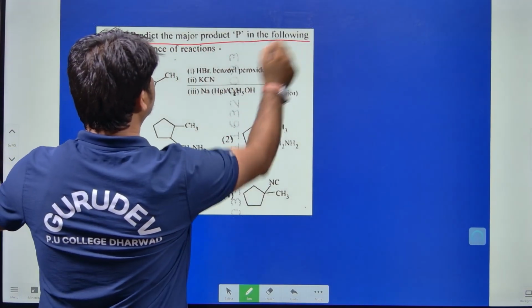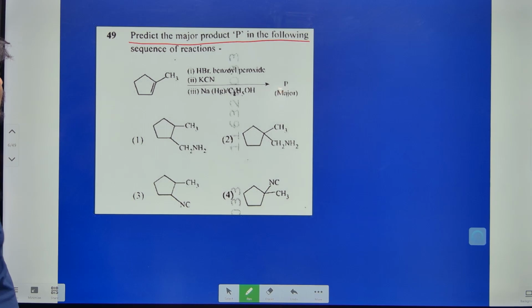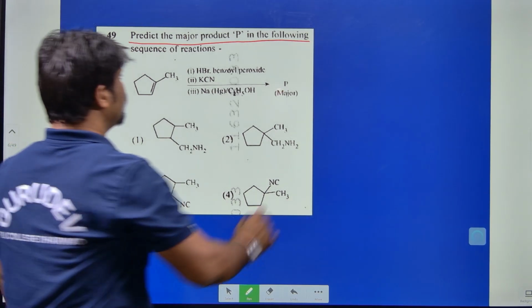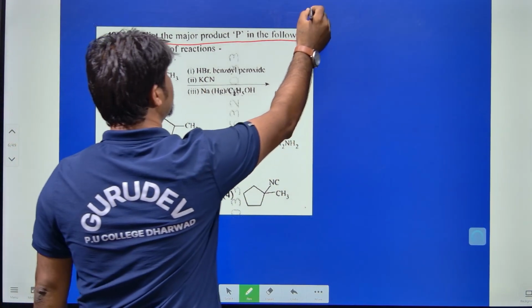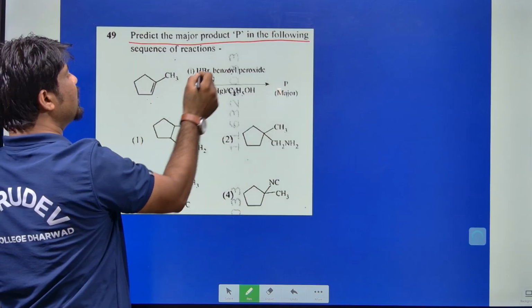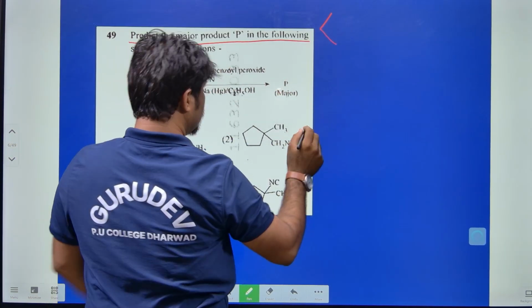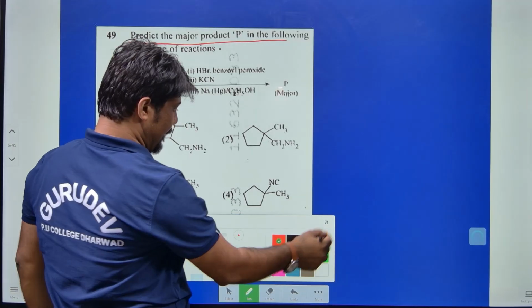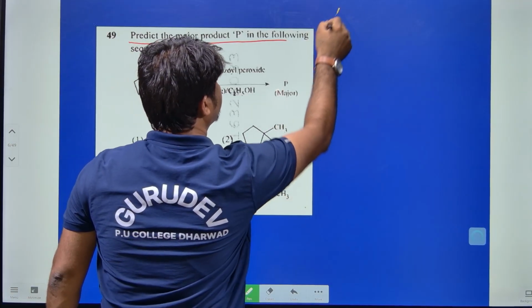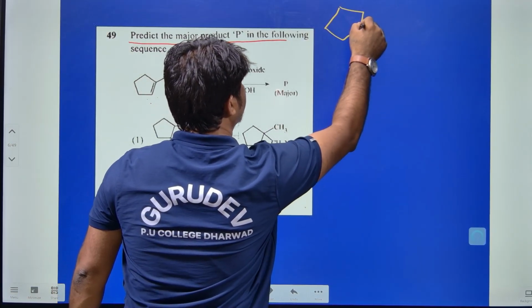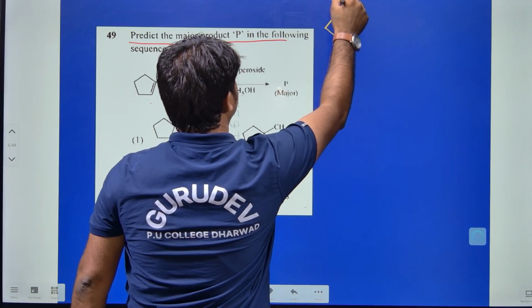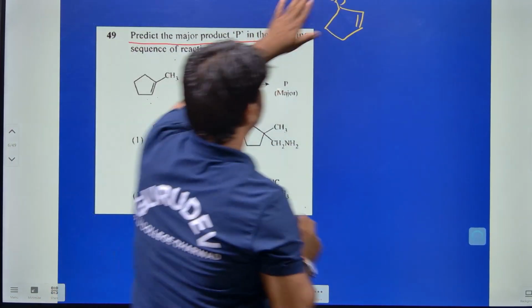Predict the major product in the following sequence. So, we need to write the reaction for this question. First, I will take this molecule when reacted with HBr.